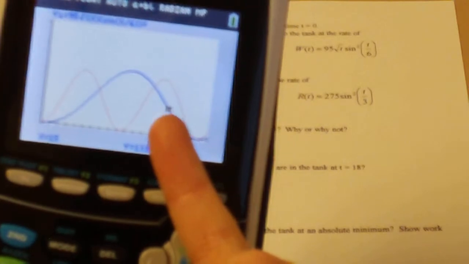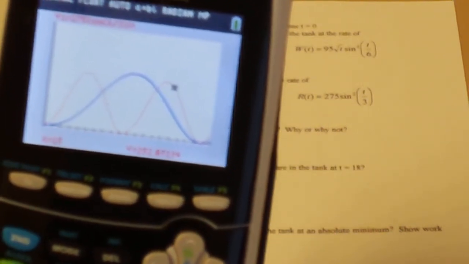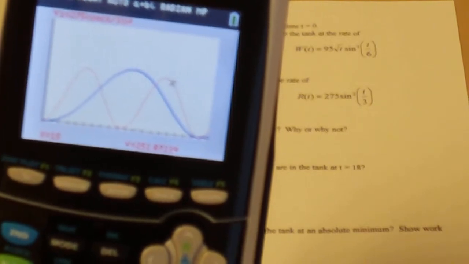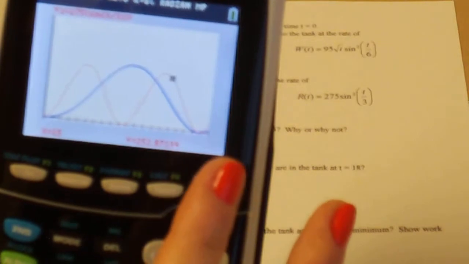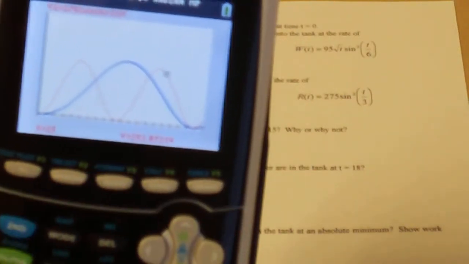So when t equals 15, that's the rate going in, this is the rate going out. So which is higher, which is faster? The rate going out. So if we think about the water tank as the overall picture, we have water going out very, very quickly and only a little bit going in. Therefore, the overall effect is that the water in the tank is not increasing.